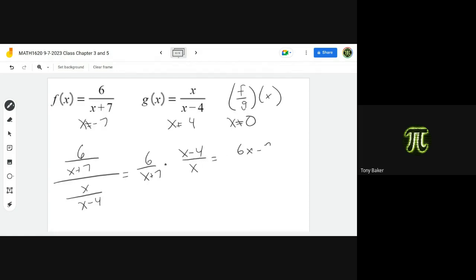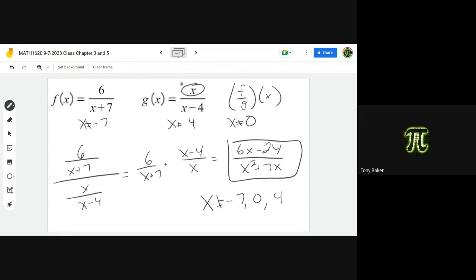So 6x minus 24 over x squared plus 7x. And that's that answer. And then my domain restrictions are -7, 0, and 4. So that's the extra piece that you have to do. Sometimes you also have to look at the numerator, because it's on the denominator of the new rational function.